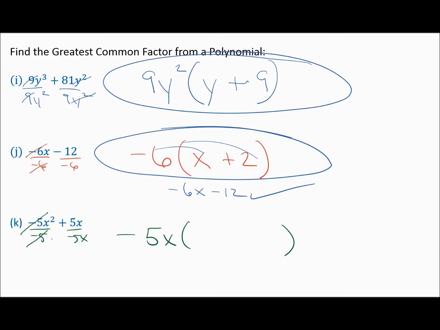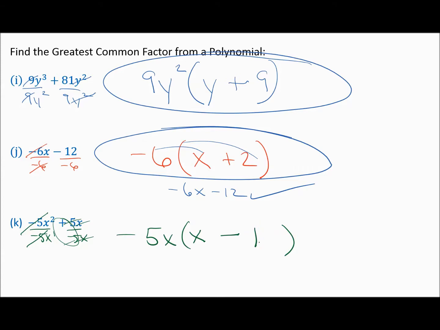Negative 5 cancels with negative 5. Oh, I didn't write the x. And then this x squared over this x to the first, remember you subtract those, that's just going to leave you with an x. That's all that's left on that first one. Now the next one, 5x divided by negative 5x, all that cancels, but don't forget this positive divided by this negative right here, it's going to be minus, and when everything cancels, remember that leaves a 1.